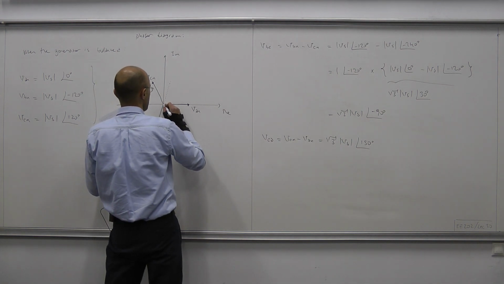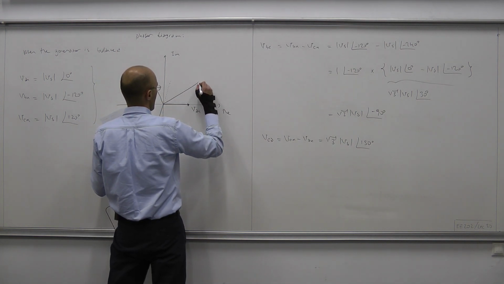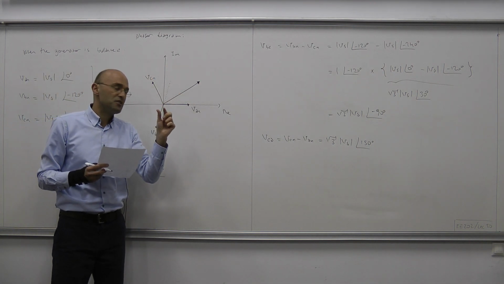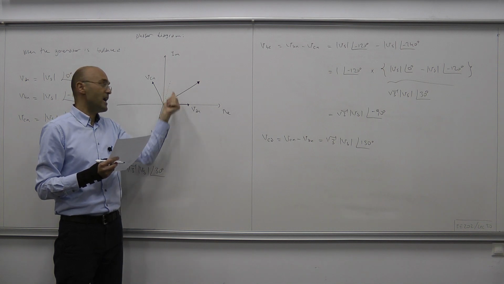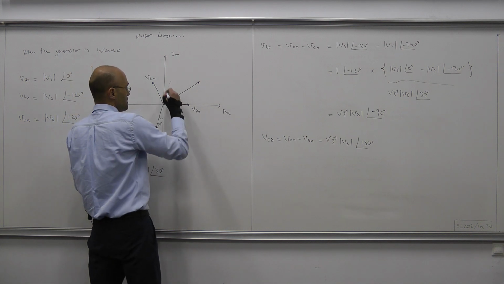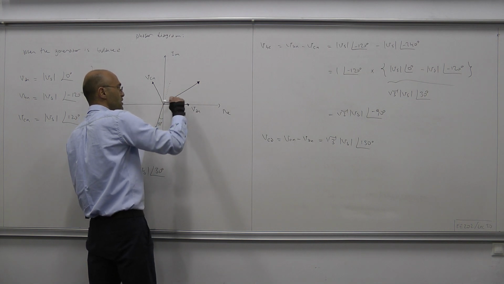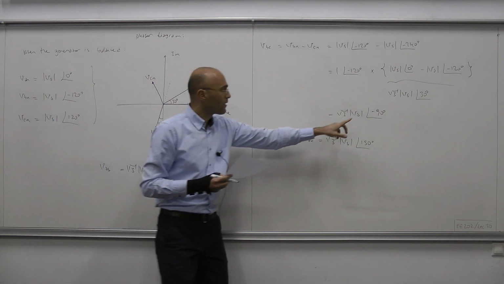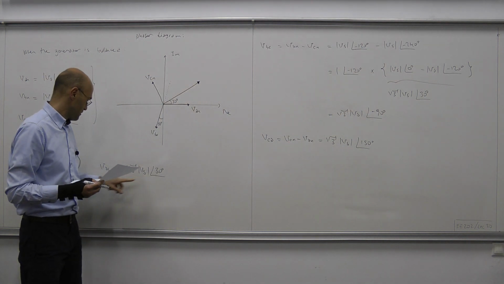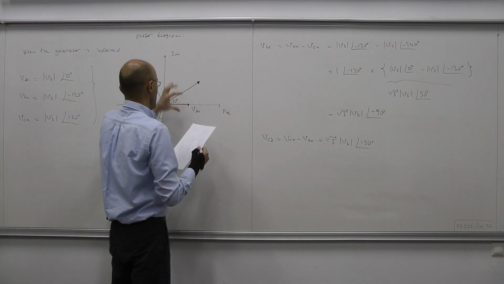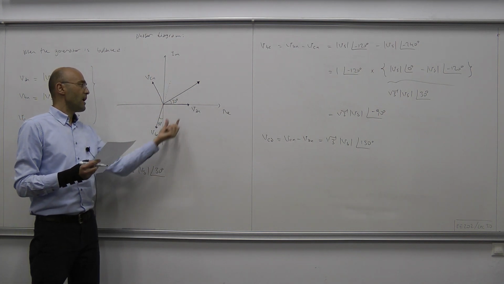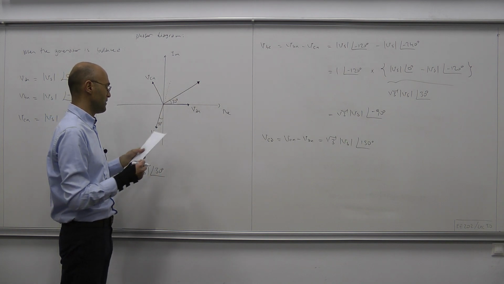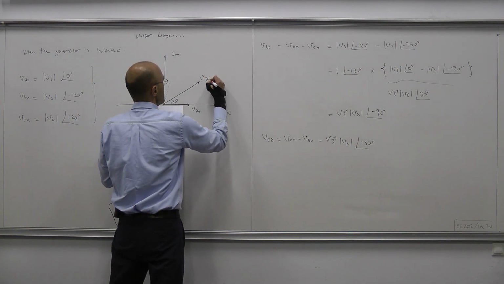So that produces this vector, which is of equal distance to both of its components, minus VBN and VAN. Since this was 60 degrees, these angles should be 30, 30. Therefore, this is 30 degrees, as expected. And as for the magnitude, it's square root of 3 times the magnitude of either of its components, because the components have the same magnitude. So this is our VAB.